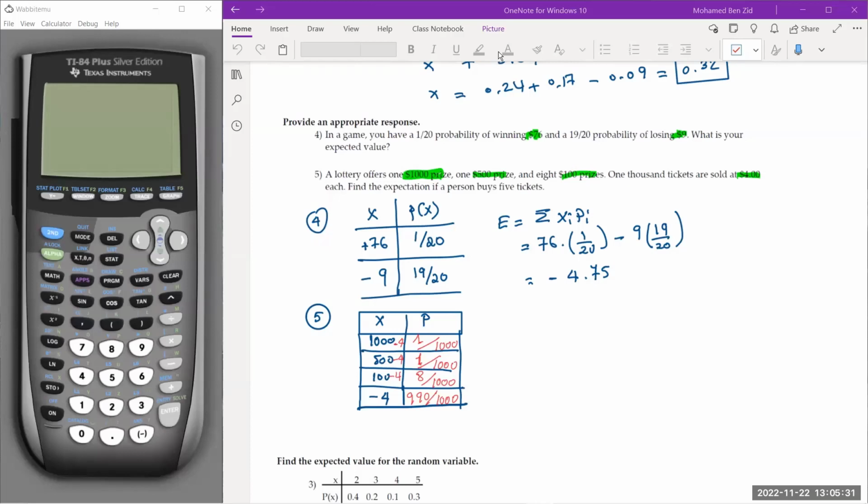The actual value here can be 996. You got it? The value over here as well: 500 minus 4 is 496, and 100 minus 4 is $96. So that's the winning.